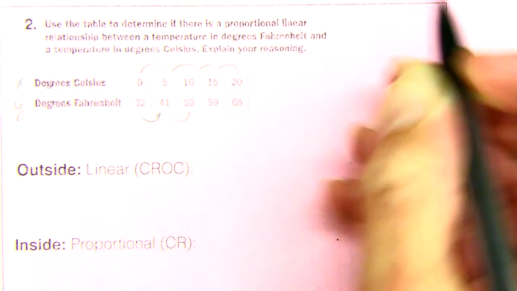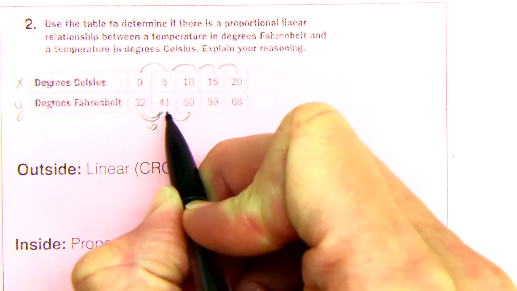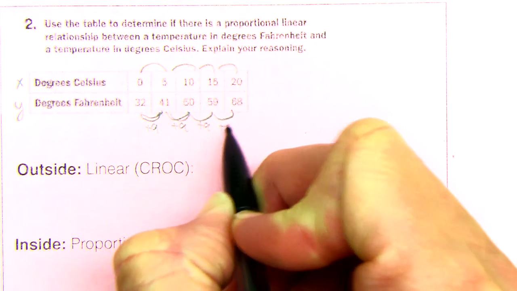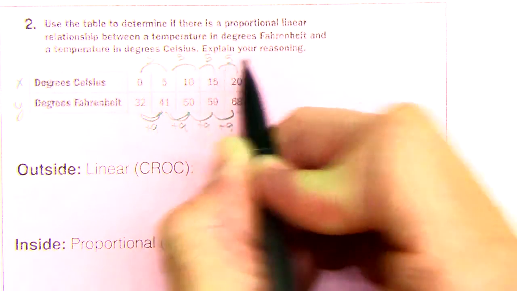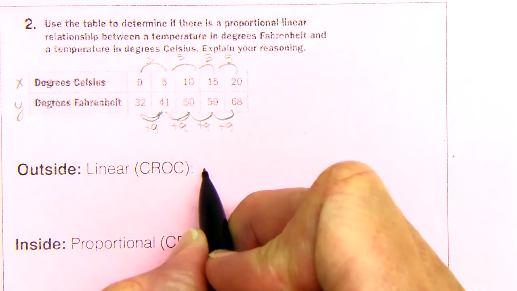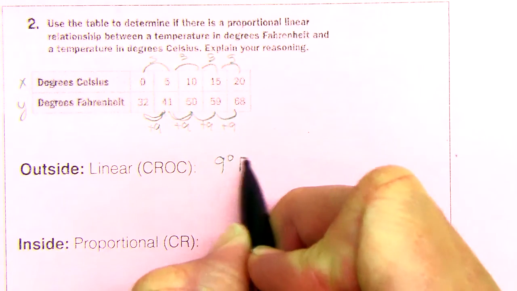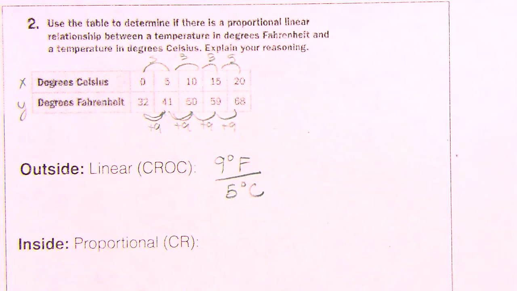Constant rate of change, we've got 32 to 41, that's plus 9, 41 to 50, plus 9, plus 9, plus 9, and this is plus 5, plus 5, plus 5, plus 5. So is it linear? Yes, the constant rate of change is 9 degrees Fahrenheit over 5 degrees Celsius.